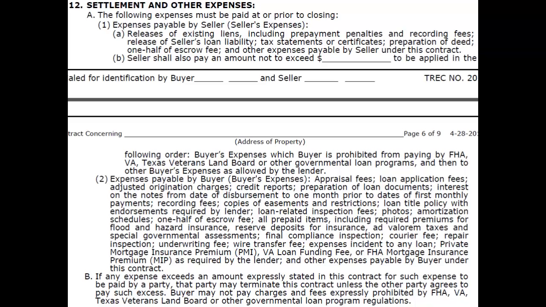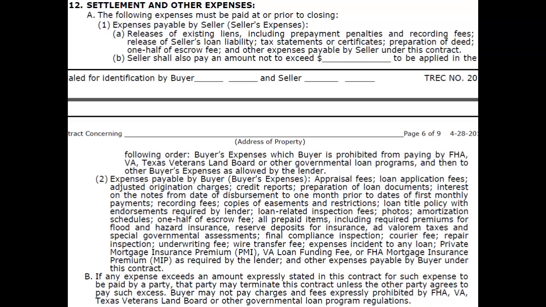This is actually something to pay attention to, because at closing, everybody's looking at the settlement statement, and there are so many fees that are paid off of each side, and many times actually, your client will ask, why is this fee on my side of the settlement statement? Well, it's because of 12A1A.